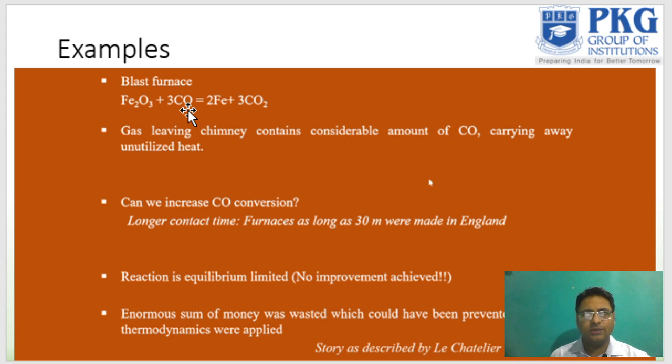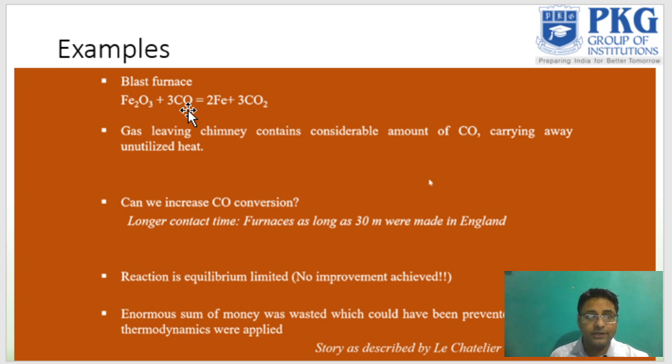Gas leaving the chimney contains a considerable amount of CO, carrying away the unutilized heat. So the question is how we can increase our CO conversion for production of maximum iron. So we have to make a long furnace, with a height of 30 meters.